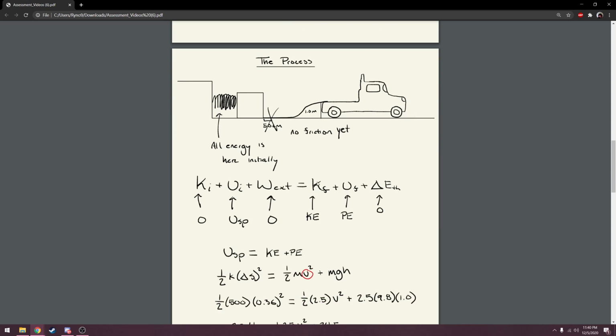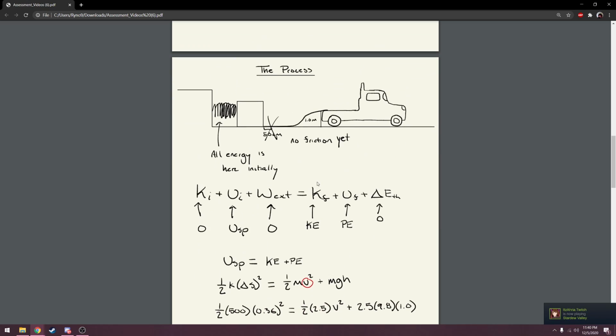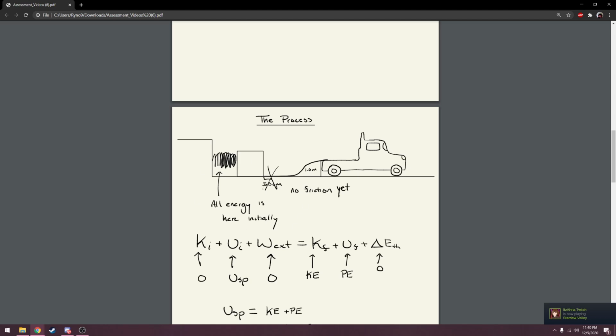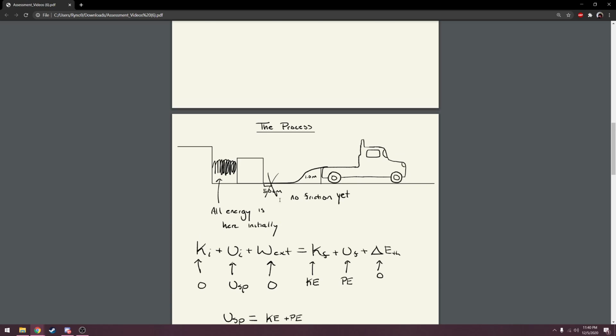The process. So to find the initial, or the left side, the only thing that has energy initially in this setup is going to be the spring, because the spring's being compressed. And since, from our reference point, the crate is on the ground, that's going to be our 0 in our y coordinate for the mgh.